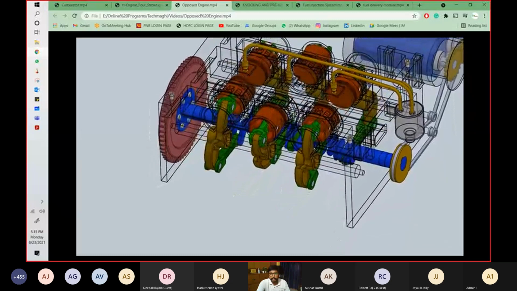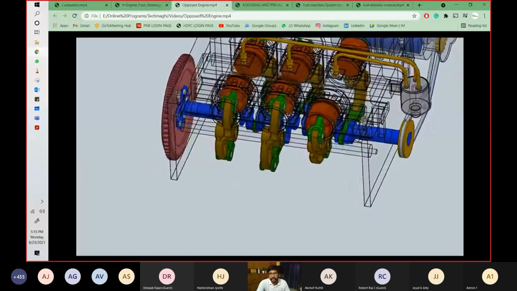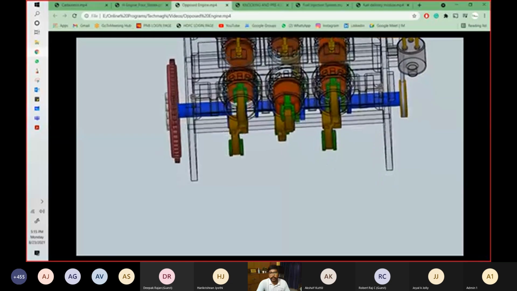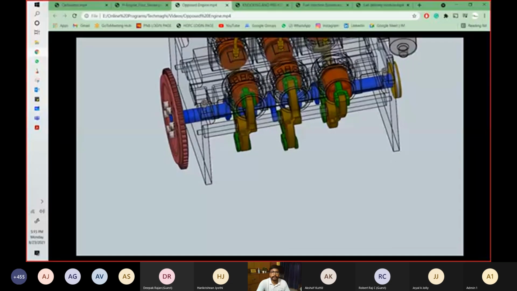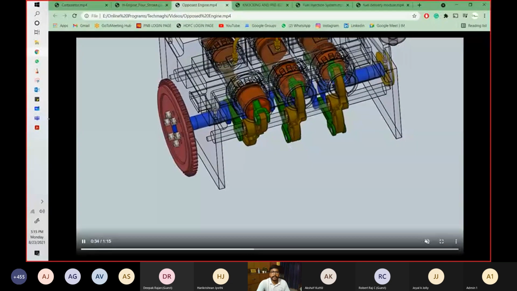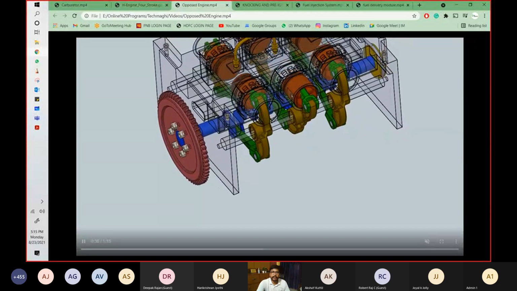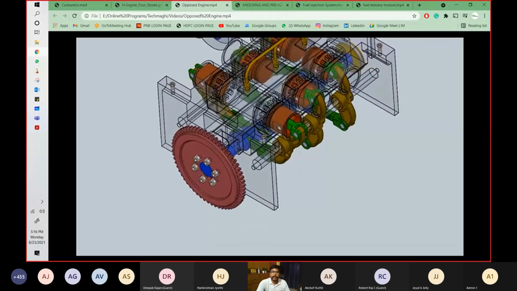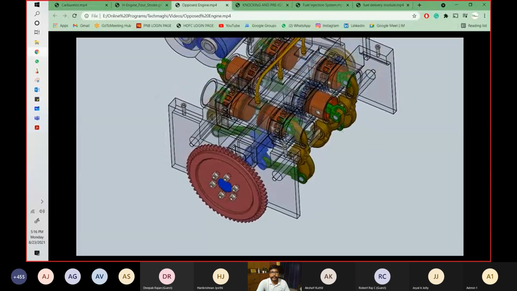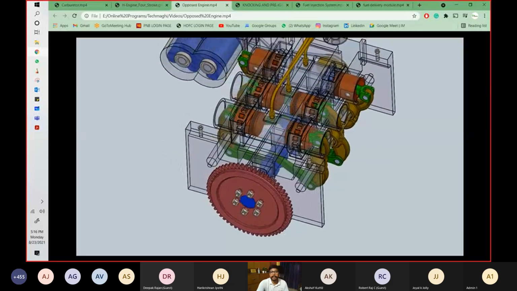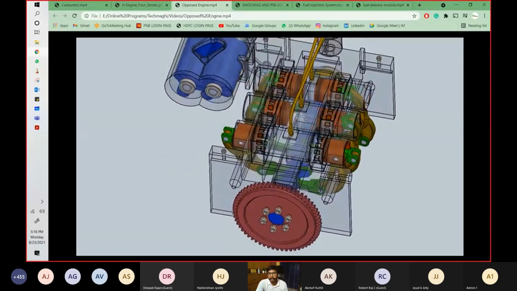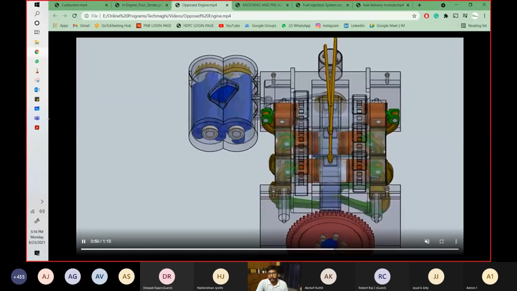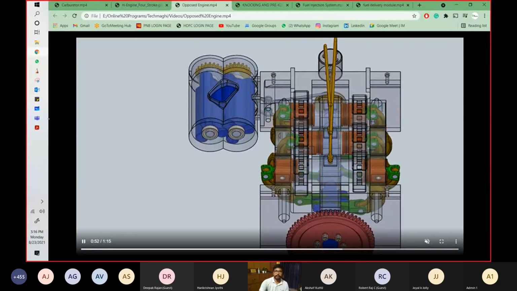So you see these are 6 pistons connected to the same crankshaft, and the piston movement is opposing the movement of each other. This arrangement is known as horizontally opposed engines or horizontally opposed pistons. So this is how this engine configuration works.